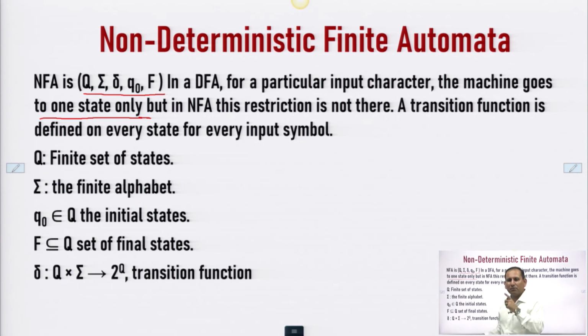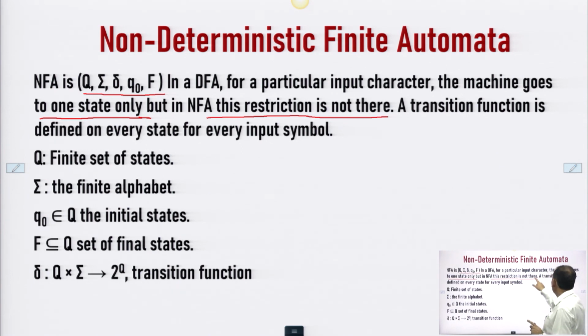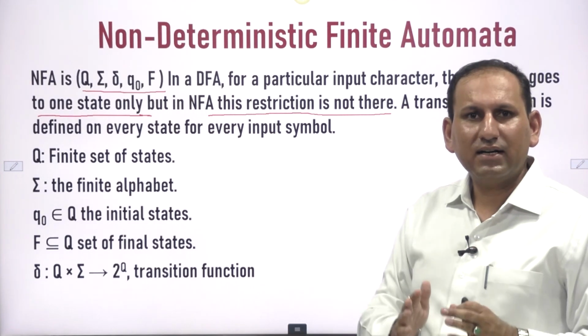So, for every input there is a unique transition, but in case of NFA this restriction is not there, which means that a transition function is defined on every state for every input symbol.